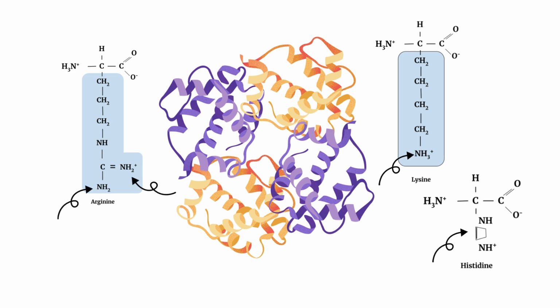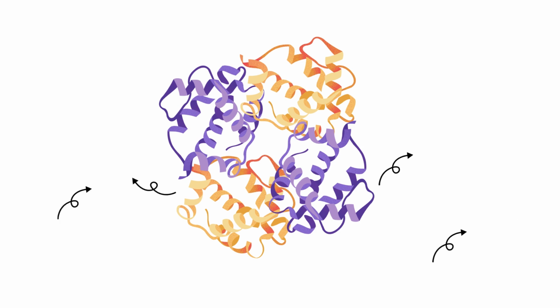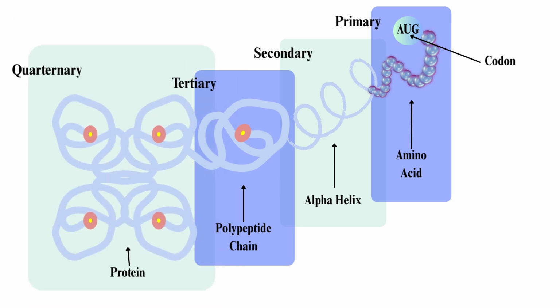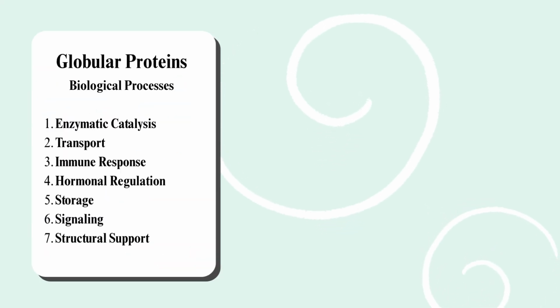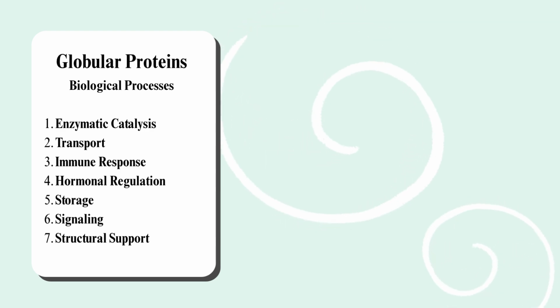Diverse functions. Due to their ability to dissolve in aqueous environments and their specific three-dimensional structure, globular proteins are involved in numerous metabolic functions and roles. Levels of structure. Globular proteins can have all four levels of protein structure. Functions of globular proteins.